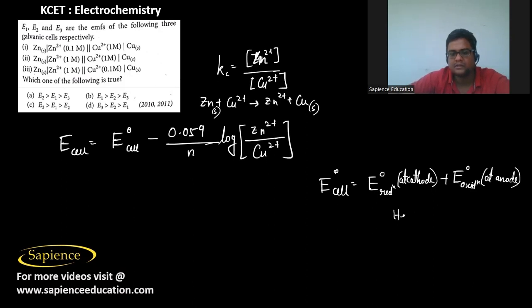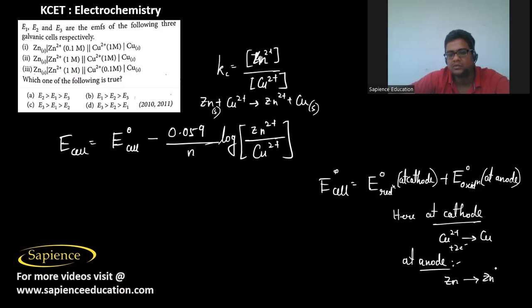Here at the cathode, the Cu2 plus ion is getting reduced to Cu by gaining 2 electrons, and at the anode the Zn is being oxidized to Zn2 plus by losing 2 electrons.